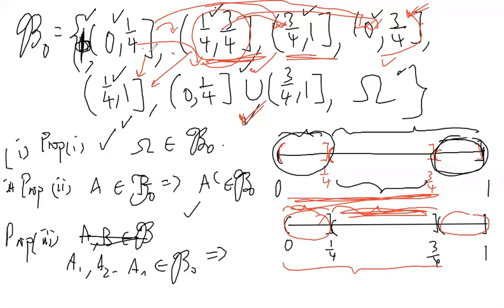A union of any three elements will also stay in this space. Like for example, you take this guy, union this guy, and union this guy, you will find that it will still stay in this space. In fact, if you union everything here, you should find that they are still staying in the same space.